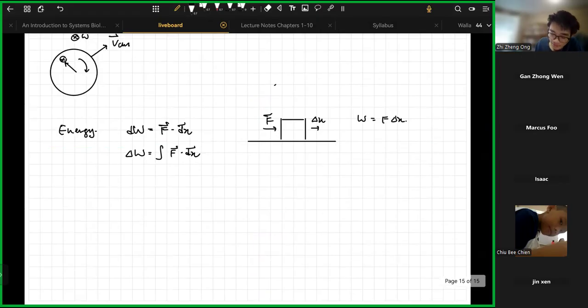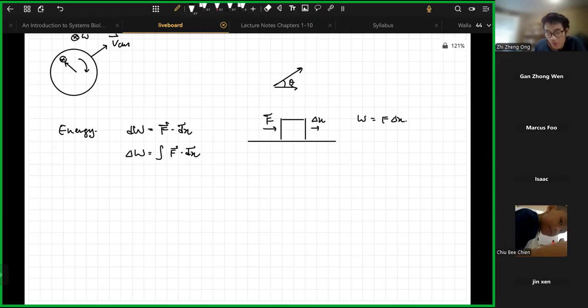If the force is here but the displacement is here, this might be because of a constraint, or because of other forces. If the force is not parallel with the displacement, you have to multiply by the cosine of theta between them. So it's a dot product.